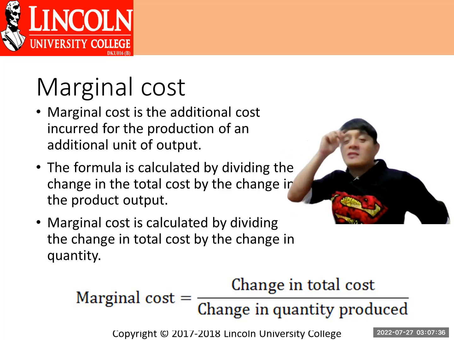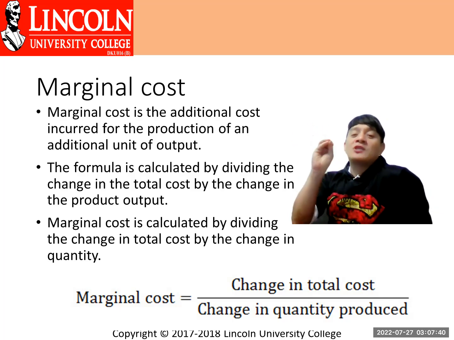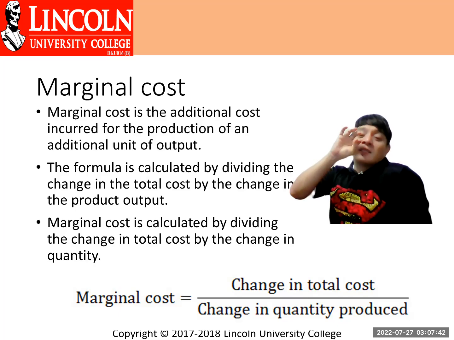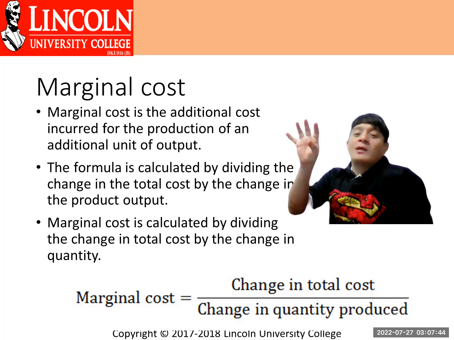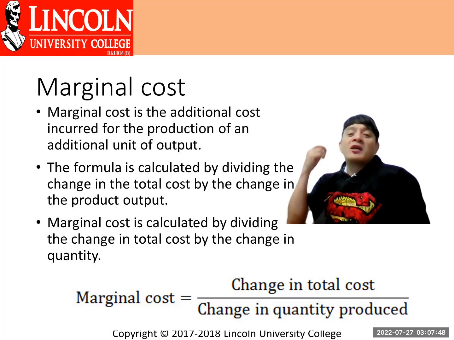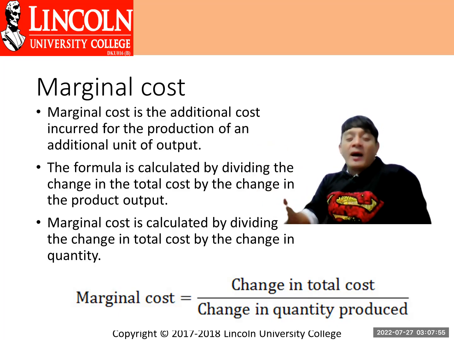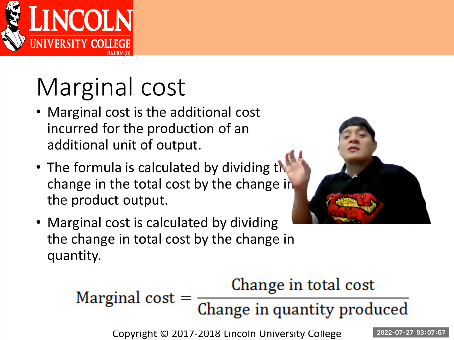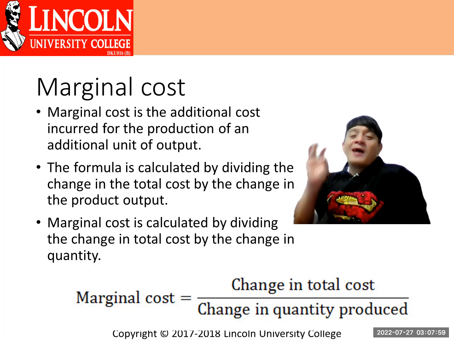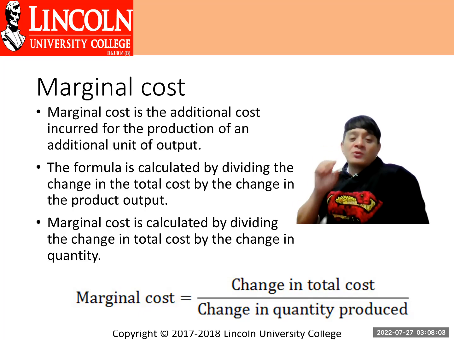There's a regular total cost, and there's the new total cost, or change of total cost. You subtract that from the regular, get the difference, and then you divide that answer by the quantity produced.